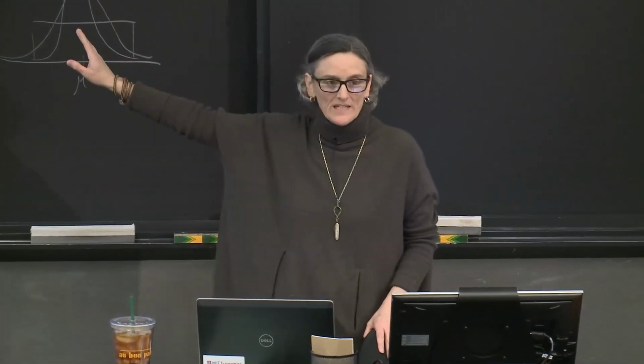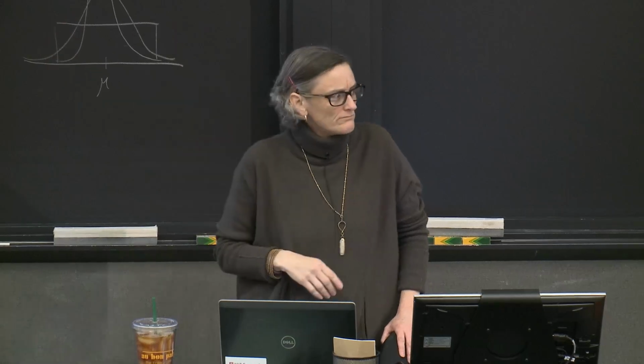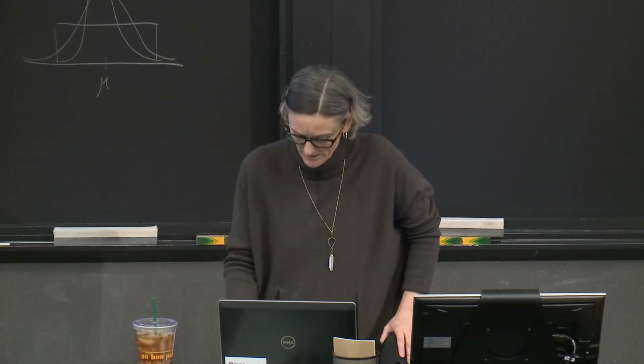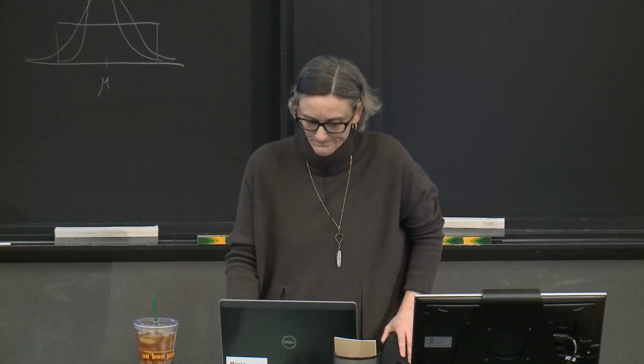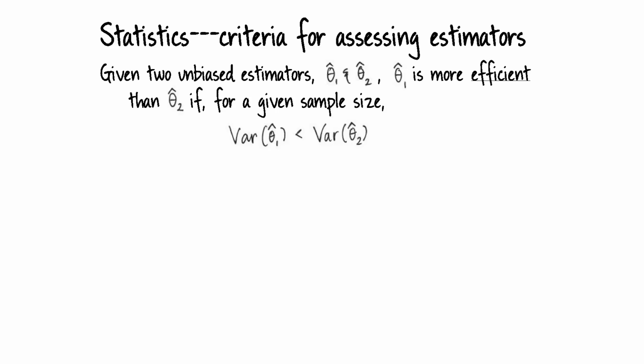Okay, questions about this? So these are just two useful facts that we'll refer to in the future. Okay, so now, is unbiasedness all we care about in an estimator? The answer is no. In particular, there are other aspects of the distributions of the estimators that we might care about.